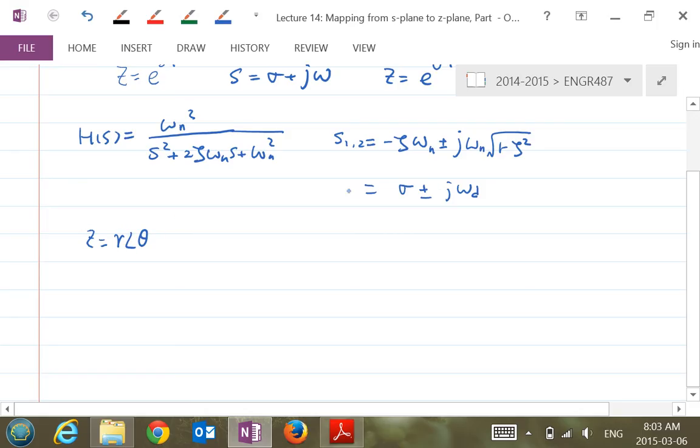So what's r? Using this pole for the mapping, r equals e to the power of sigma T, and theta equals plus or minus omega d T. So sigma is this, omega d is this, and you can solve for zeta and omega n in terms of r and theta.